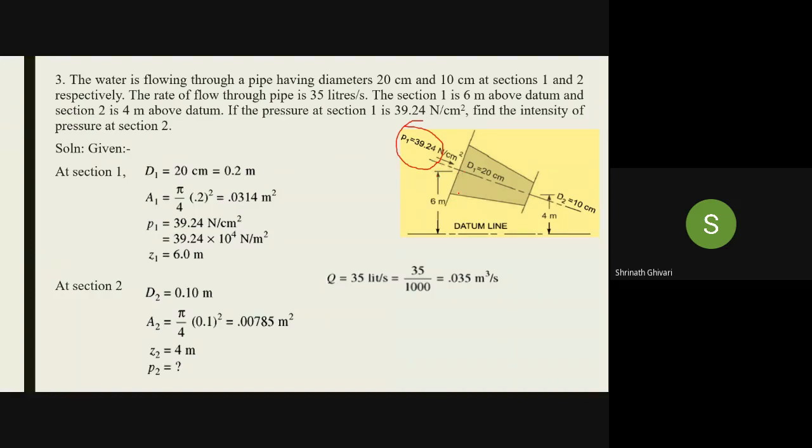And from the datum line, the first section is 6 meter above the datum line, and the second section is 4 meter above the datum line. So the fluid is flowing in downward direction, right? So at this point the pressure is given, and at this point you have to find the pressure. So how are you going to find the pressure? Which formula are you going to use?